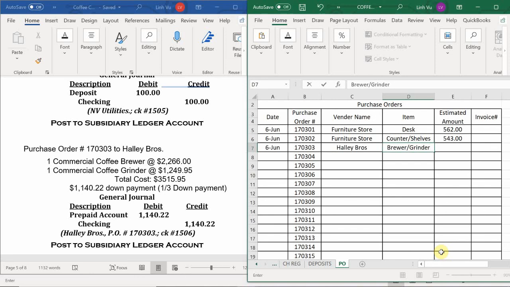And a coffee grinder too, right? A coffee brewer and a coffee grinder. Now, how much is the grand total for both coffee brewer and coffee grinders? 3,515.95. Good. 3515.95. Okay. So that's just the rough estimate on there.